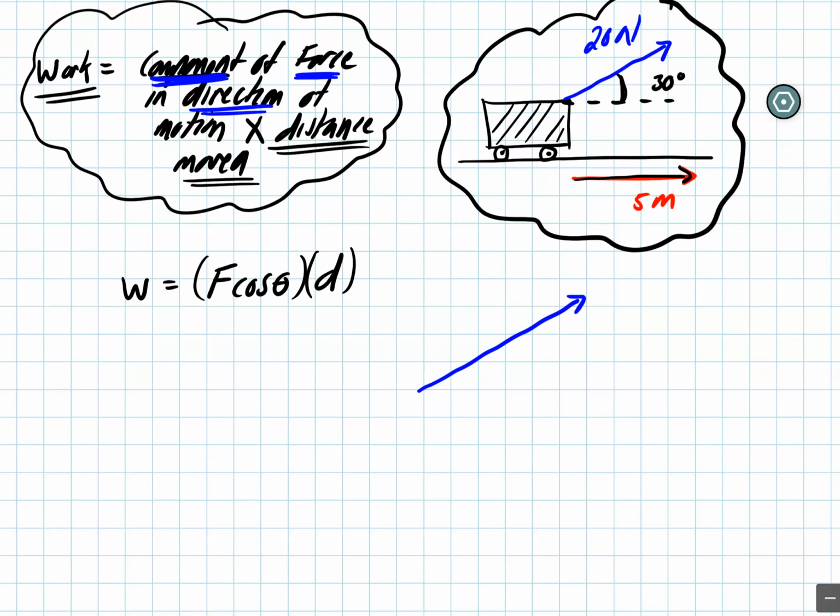I'm going to put my distance vector tail to tail, and so this is my distance moved vector. And this guy is the force vector. And you only get credit for the part of the force that's in the direction of motion. That is the part that does work.